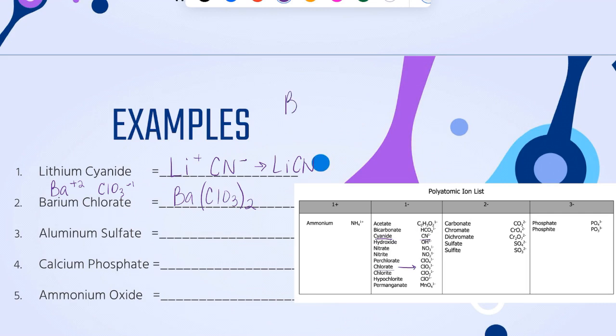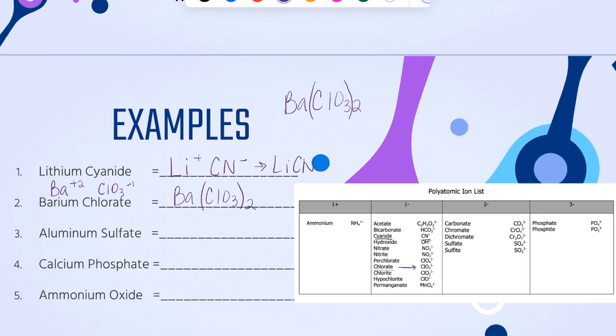If I didn't have the parentheses there, it would look like BaClO3, and then if I put a 2 there, that looks like I have 32 oxygens, and that's not what I want. I want to say, with parentheses, I have 2 of the polyatomic ion chlorate. So that's why we need our parentheses. So anytime we add an extra subscript to balance our charges, we want to put parentheses around that polyatomic ion.